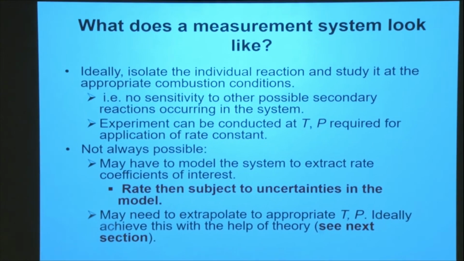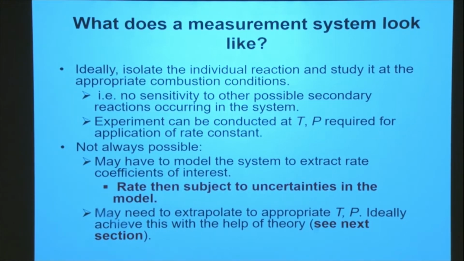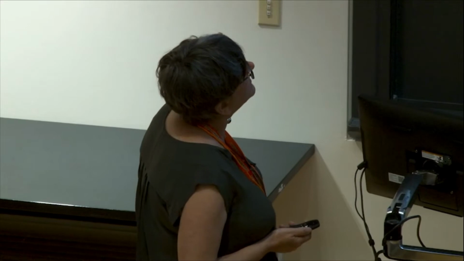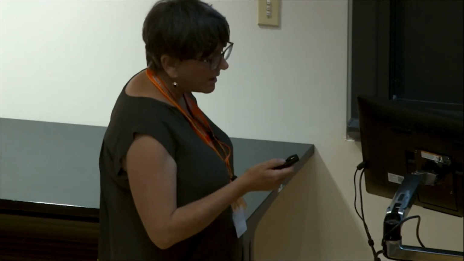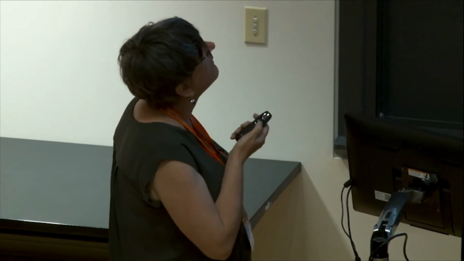Some approaches will work at low pressures to try and isolate reactions, and others, like the shock tube, for example, are giving us data at really useful conditions, maybe high pressure conditions, but then have to deal with these secondary reactions that might be taking place. Okay, so we'll have a brief overview of these various different techniques.